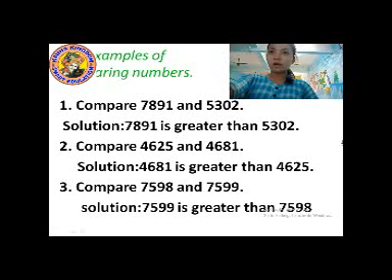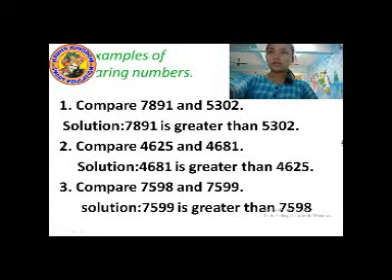First, look at the thousand place in both numbers. 7 is greater than 5, so 7,891 is greater than 5,302.